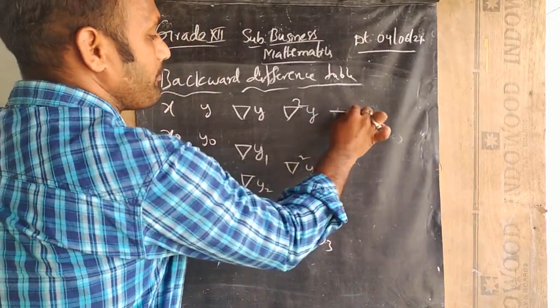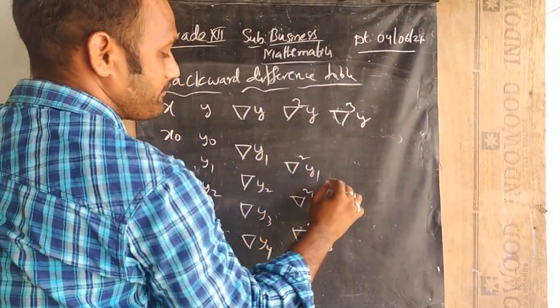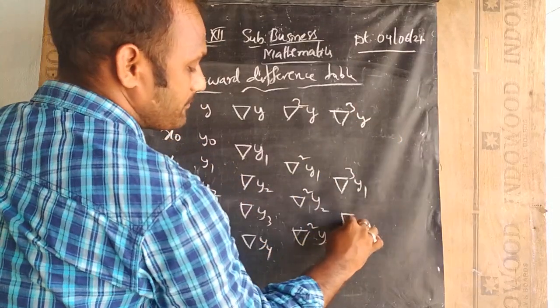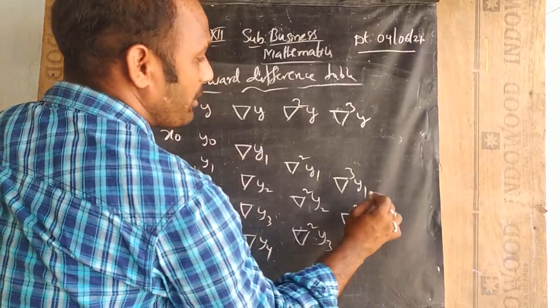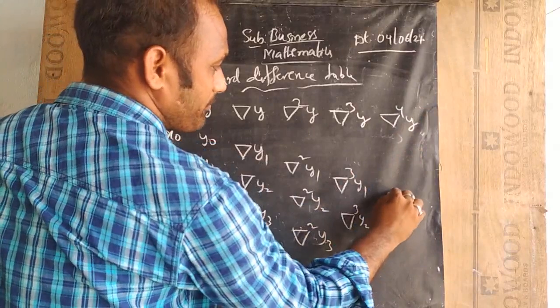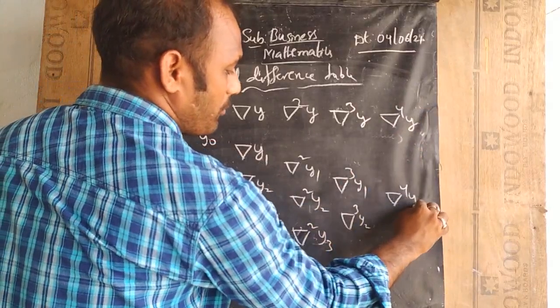Next delta cube y: delta cube y1, delta cube y2, then delta power 4 y1.